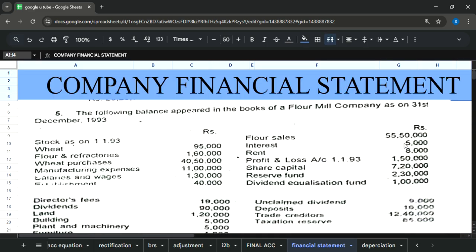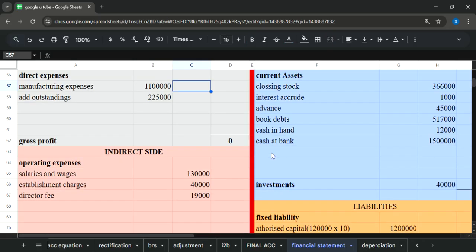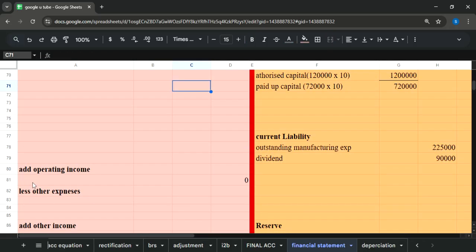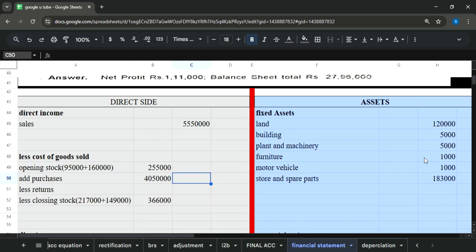After interest we have rent which is written on credit side. This is operating income and we will mention it over here, but let's make little space. There might be some other element. Here we will be writing rent. Amount of rent is 8,000.